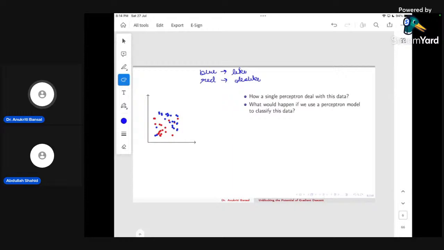Now, if I talk about single neural network, single perceptron model, so perceptrons were not able to deal with the non-linear data. What do you understand by non-linear data? Suppose I have this example where maybe circles are there and some crosses are there. I cannot solve this problem using a straight line.